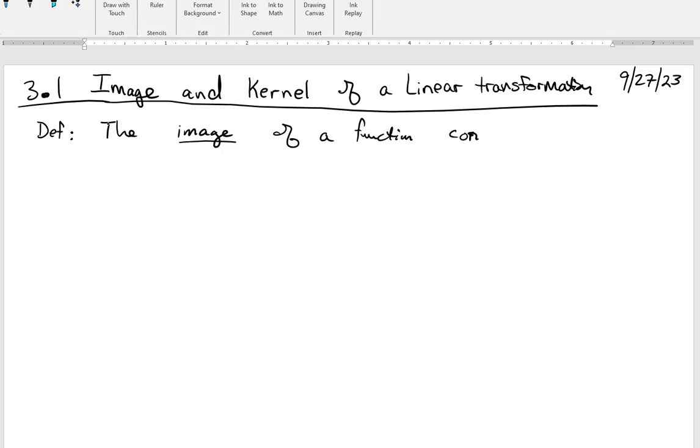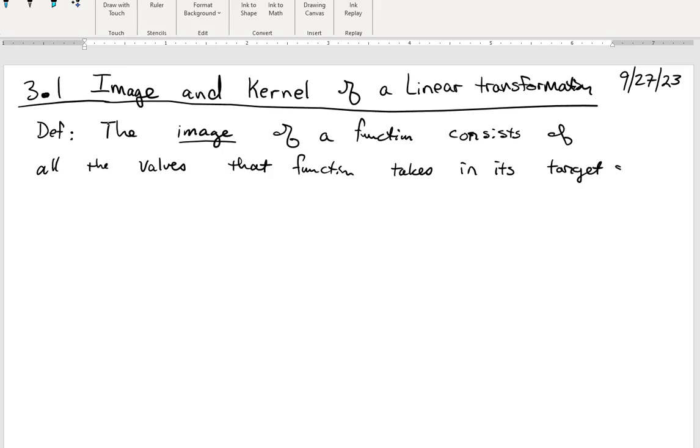consists of all the values that function takes in its target space.